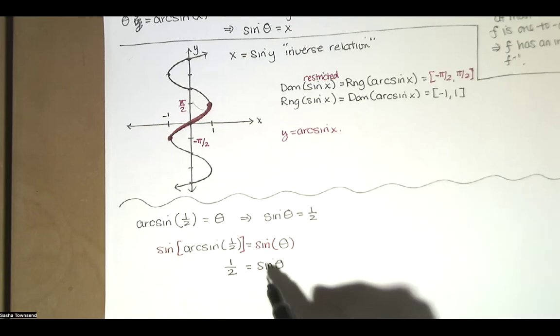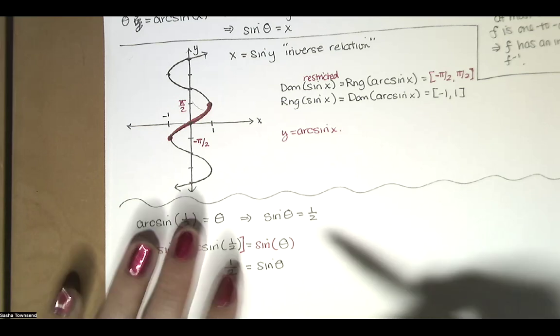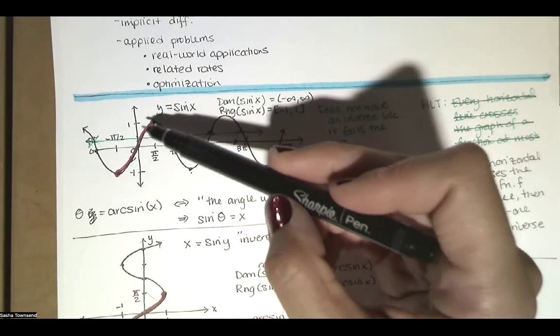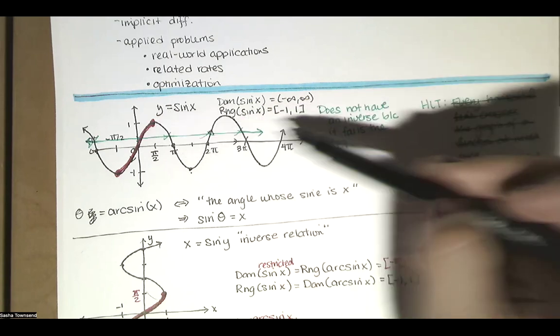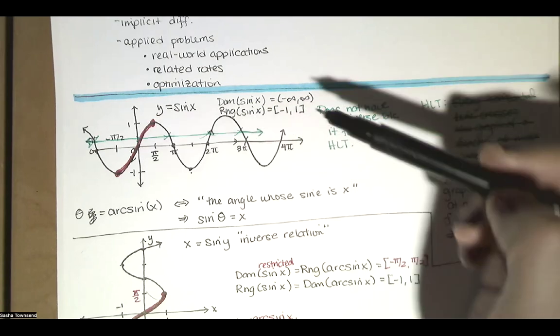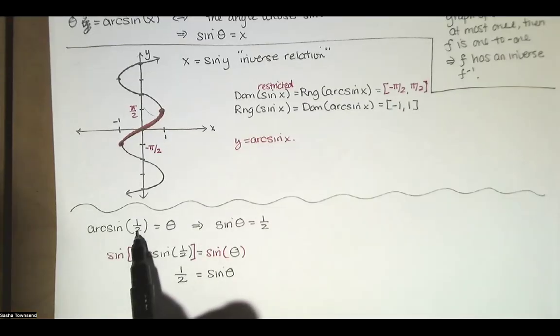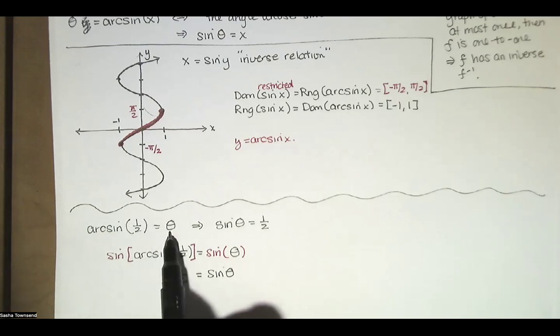Now, sine of theta equals 1/2 has infinitely many answers, because if I draw the horizontal line y equals 1/2 and say when is sine of x equal to 1/2, I'd get infinitely many solutions, right? So we have to be careful here. Arc sine only gives us one answer because it's a function. You put one x value in, 1/2, and you only get one theta value out, or one angle out.